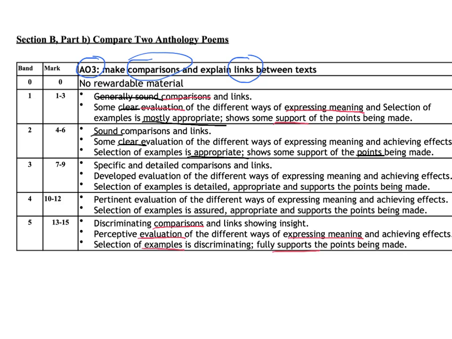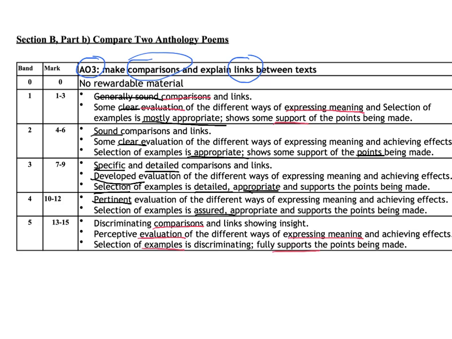If we go up to the third band, you're being much more specific, more detailed. You're developing your explanation in your PEE paragraph, for instance. Again, it will be developed, and you'll see that you will have a selection of detailed examples, which are always appropriate yet again. If we go up towards band 4, we'll see that the words pertinent, assured, are used.